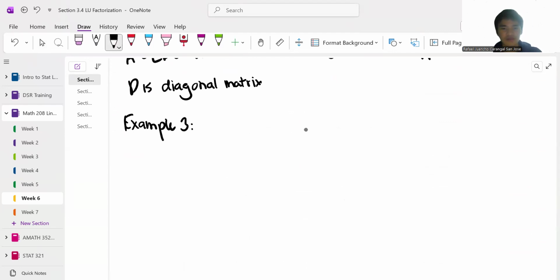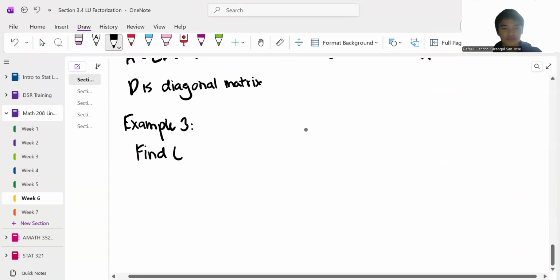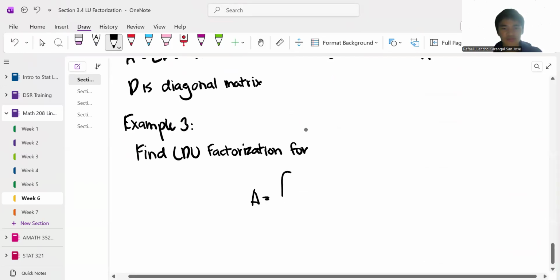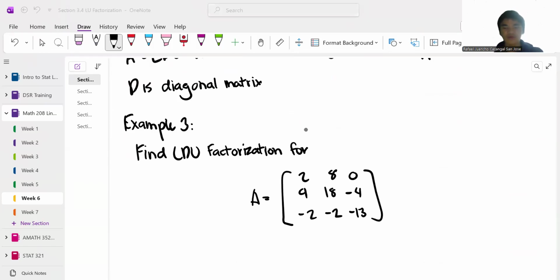So we want to find the LDU factorization for this given A matrix. 2, 8, 0, 4, 18, -4, then we have -2, -2, then we have -13. And we start by finding an LU, right?